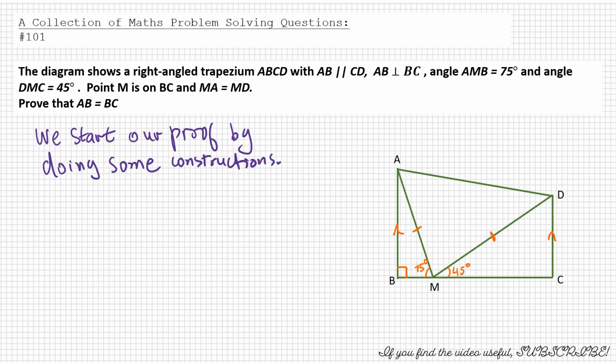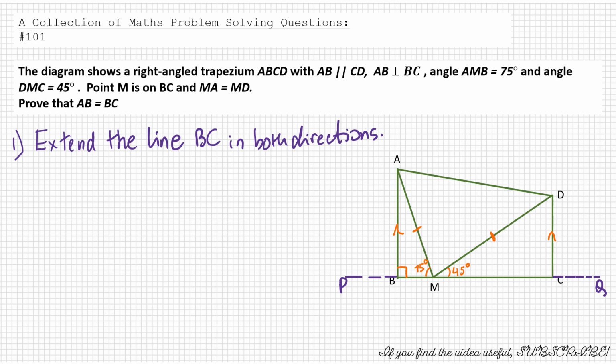So for a start, our proof involves some constructions. We add some extra lines, and we will be using them in our proof. First, we extend the line BC in both directions, so it becomes PQ: B has been extended to the point P and C has been extended to the point Q, so PBMCQ is a line.